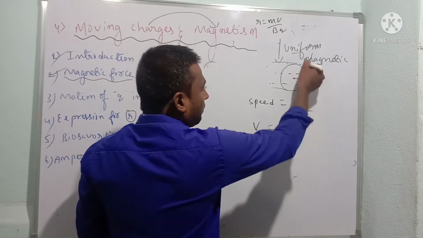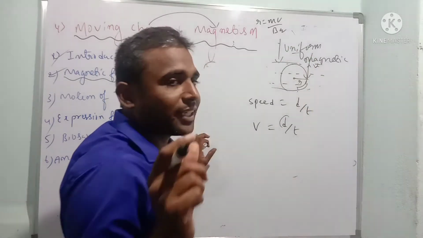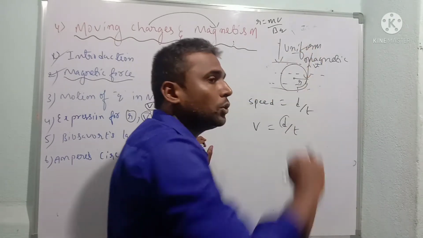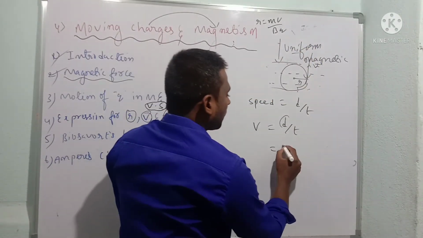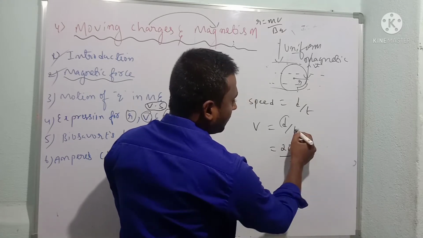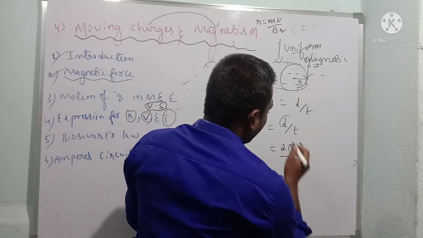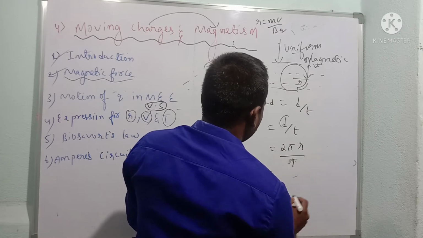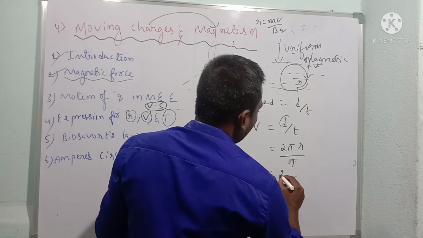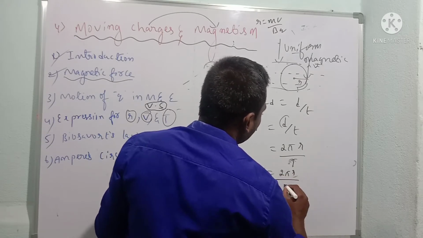The distance covered by the particle is equal to the circumference, which is 2 pi r. It becomes V equals 2 pi r divided by T. I want to get this time period, so if I do cross multiplication, time is equal to 2 pi r divided by v.